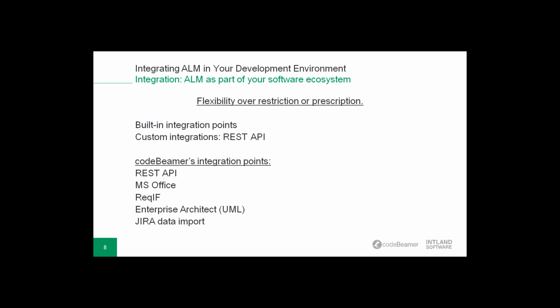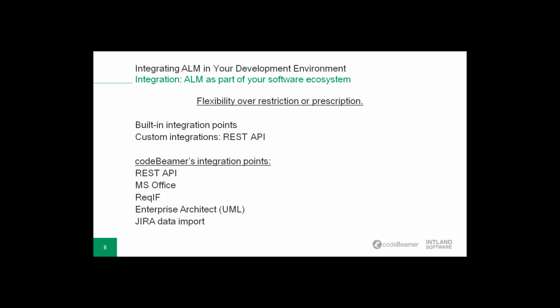Here you can see on the screen the various points that I just listed: the REST API, Microsoft Office, ReqIF, Enterprise Architect, and Jira. And this is also going to be included in the upcoming live demonstration.